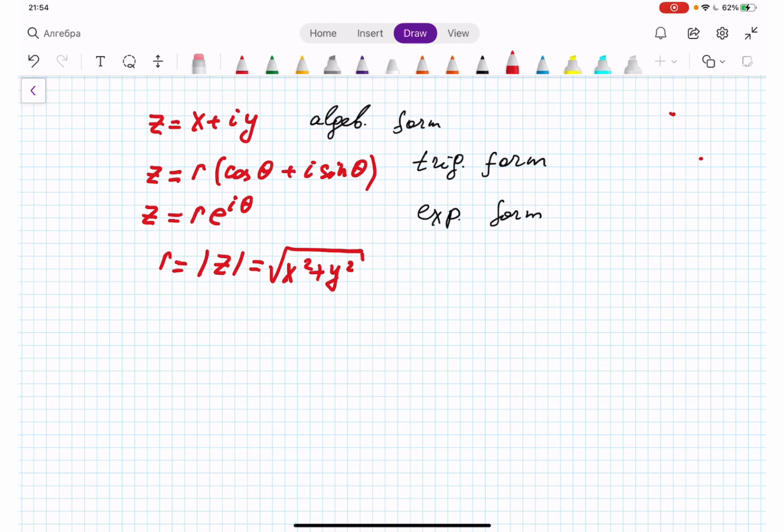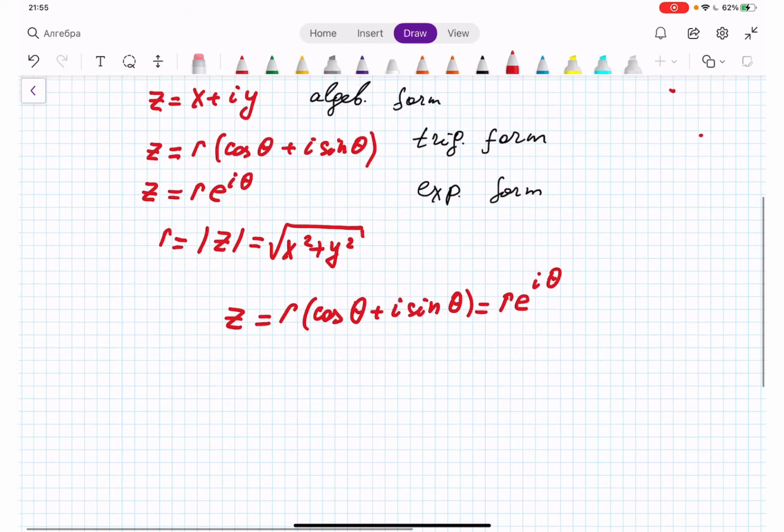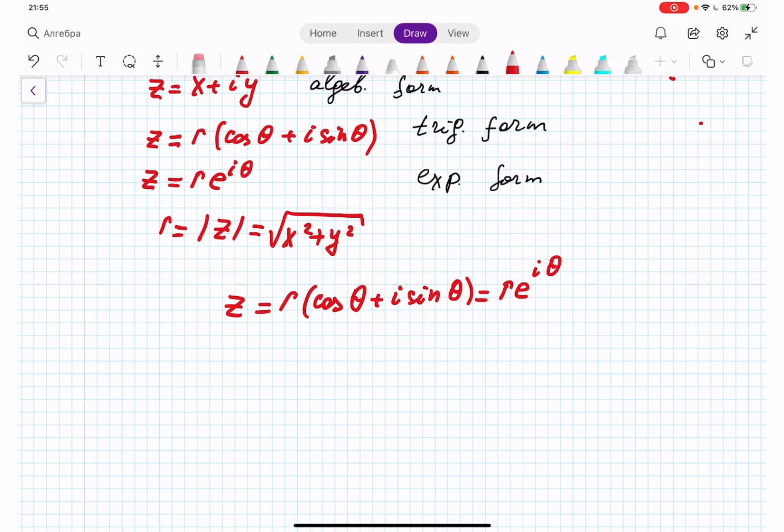Using Euler formula, we can write down z equals r times cosine theta plus i sine theta, and that is equal to r times e to power i theta. Okay, why is that?